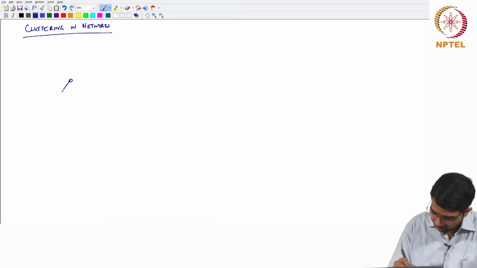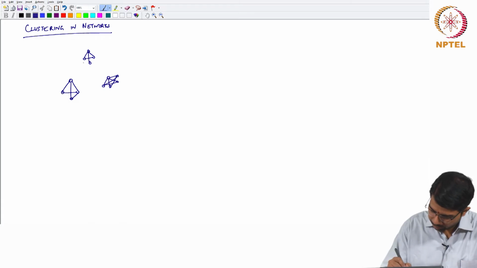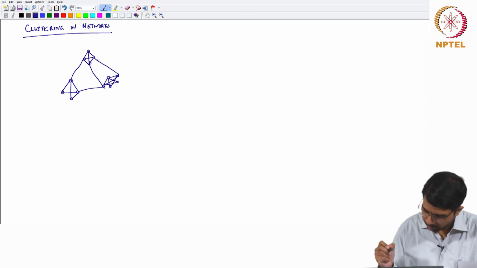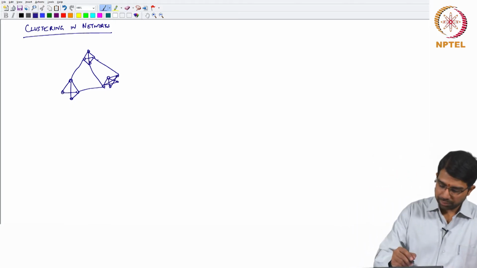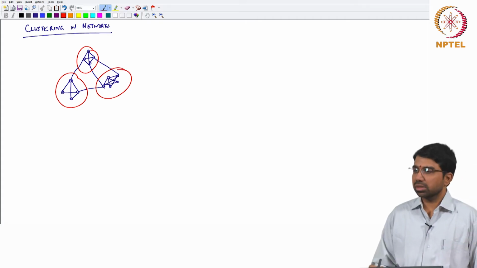So, if I had this graph, I might say that there are 3 clusters in this graph.